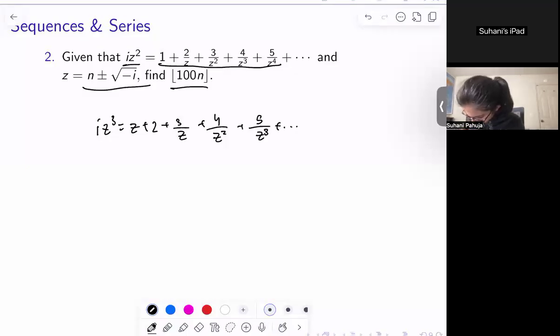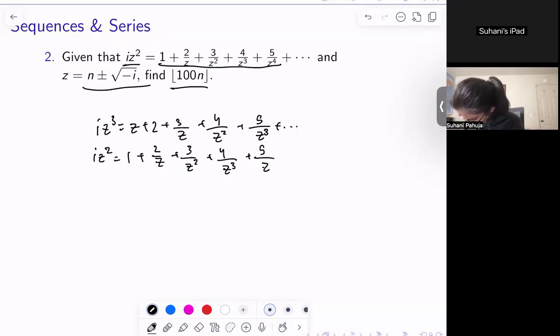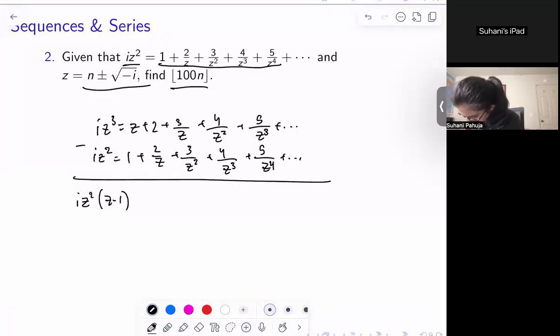And then your original equation is this. So actually we can subtract these two equations, and if we do that, then on the left hand side we get iz squared times z minus 1, and then we notice that we can group the subtraction like this, and so on.